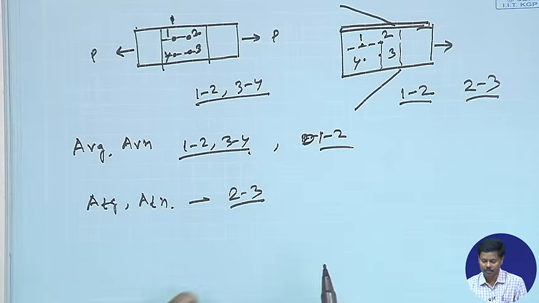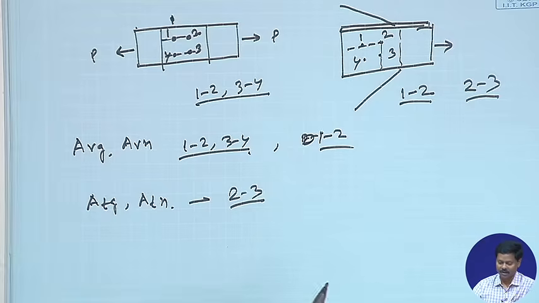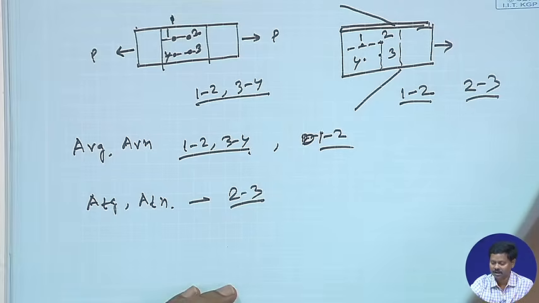So, this is how we can calculate the AVG, AVN, ATG and ATN, and Fu and Fy are as usual, meaning Fu is the ultimate strength of the plate and Fy is the yield strength of the plate.